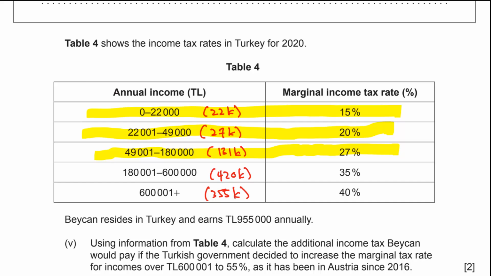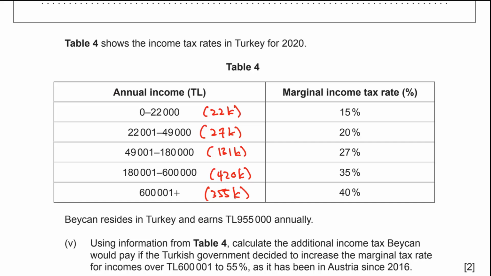Now, this is known as a progressive tax system. The way a progressive tax system works is the more income you earn, the more tax you pay, not just in absolute terms, but also as a percentage.